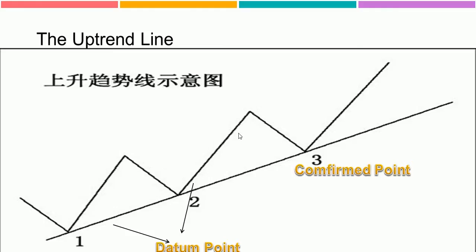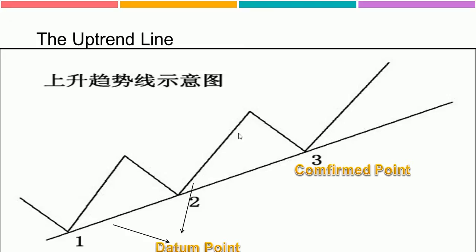You should check whether there is a third point touching the line or not. So we can see 1, 2, 3, 4. At least 3 points touch this trend line, which means the trend line is effective. Okay. So the third point is the confirmation point.